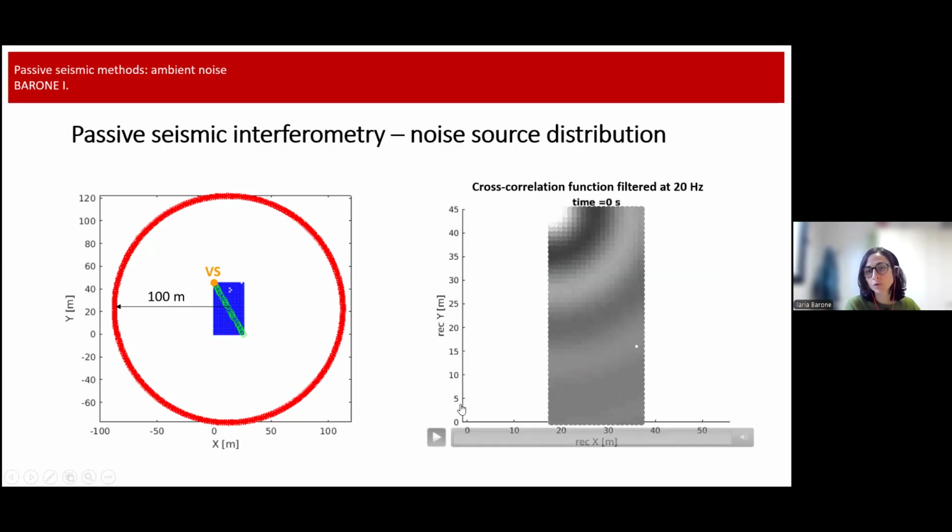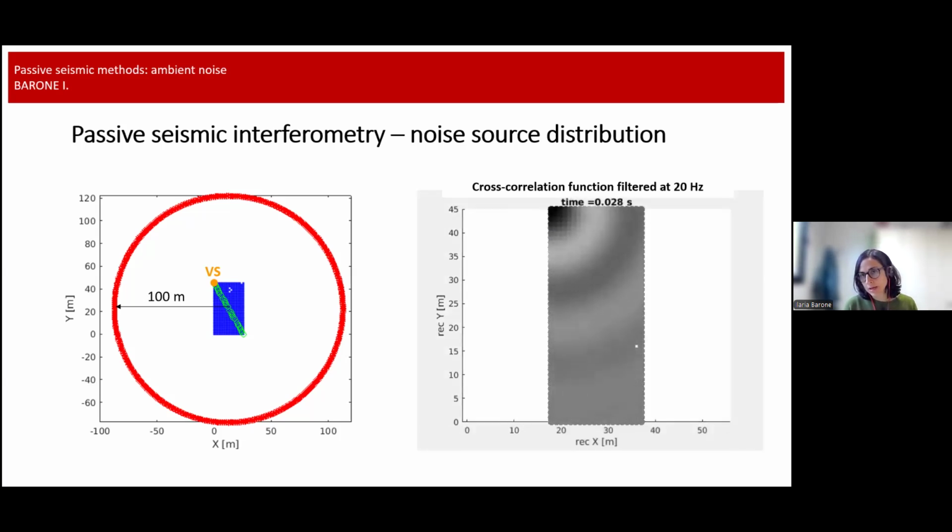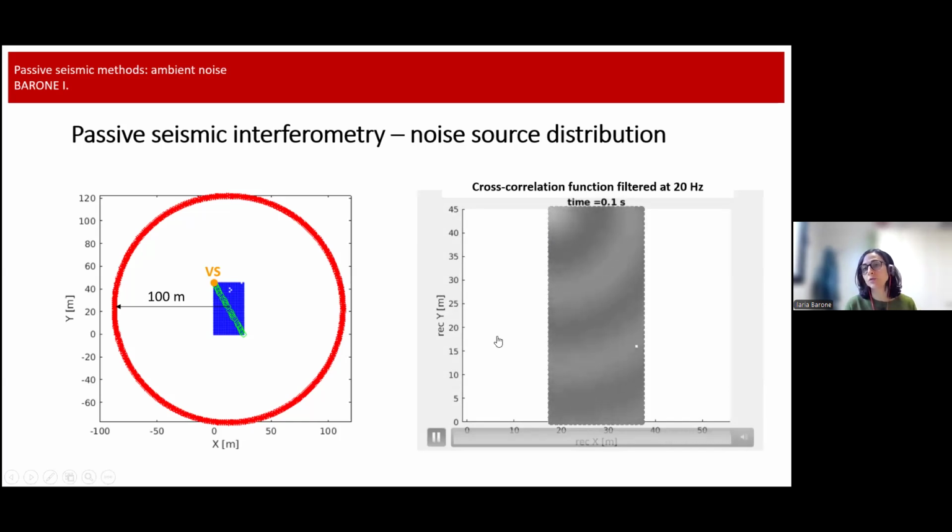And here I'm going to show you an animation that takes all the horizontal slices, so time slices, and that will show you the propagation of the wave from the virtual source. And this is more or less as we expect it to be. So we have propagation acting from this virtual source, and it's exactly as if we had a real source in this location.